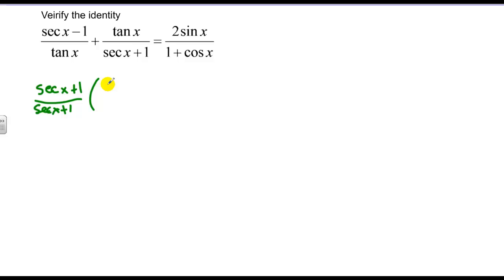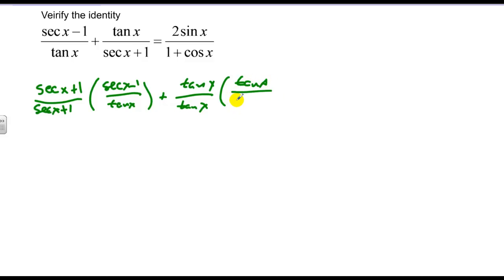It's going to get multiplied by secant x minus 1 over tan x, added to tan over tan times tan x over secant x plus 1.